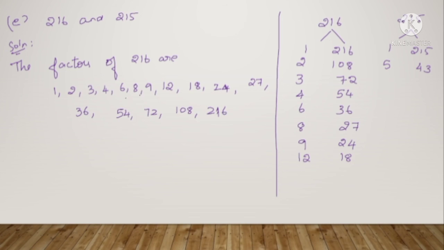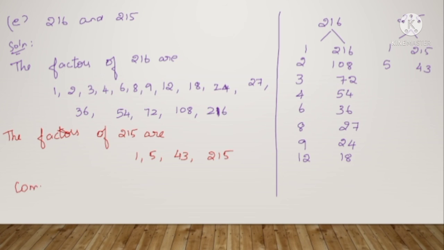Now we have to write the factors for 215. The factors for the number 215 are 1, 5, 43, and then 215.